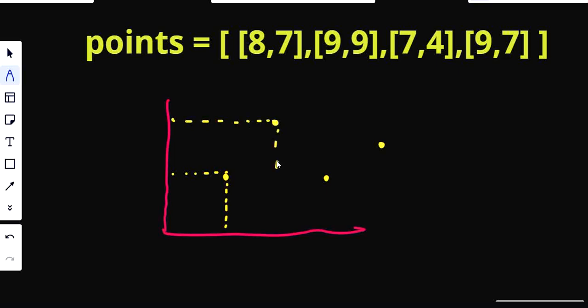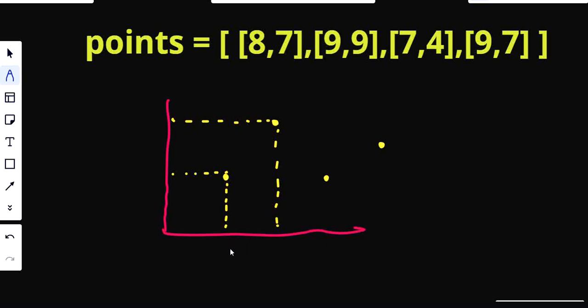In this way. If we are asked to return the maximum width, I'm using this term only because I think the widest vertical area is a bit tricky term to understand. But if we just use the maximum width term, then it is very clear to us what we have to focus on, right?